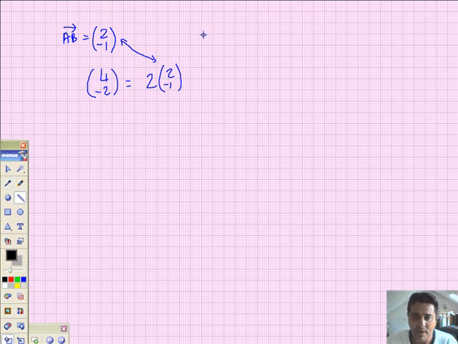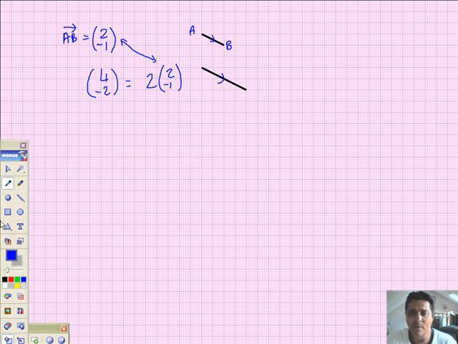Look, so (2, -1) looks like this, 2 across 1 down. I've got to put an arrow on it, otherwise it's naughty, and that's the route from A to B. And here I've got 2 lots of (2, -1), which is (4, -2). So let me just draw it for you. 4 across 2 down, there it is. They even look parallel, don't they?